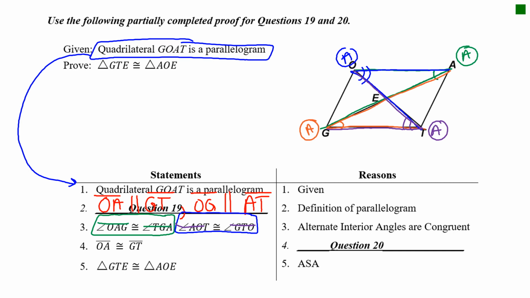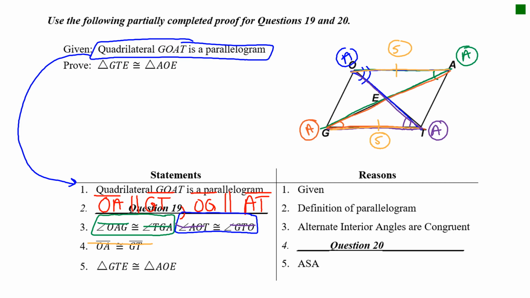Next, we're told that OA is congruent to GT. OA is this top side right here. Because we're talking about a side, we'll put one tick mark and an s to let me know that we're talking about congruent sides. It's congruent to GT, which is this bottom one. We'll put one tick mark and an s to let me know that we're talking about congruent sides. You'll notice that we're talking about sides that are opposite to each other. The top is opposite to the bottom.